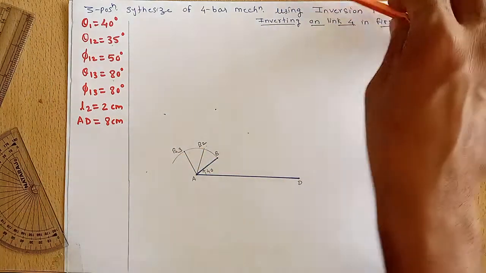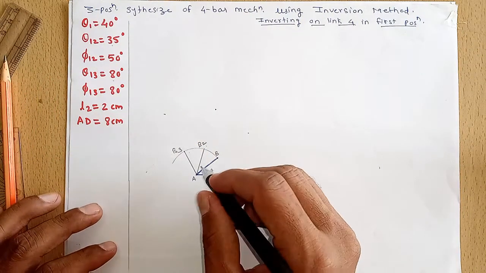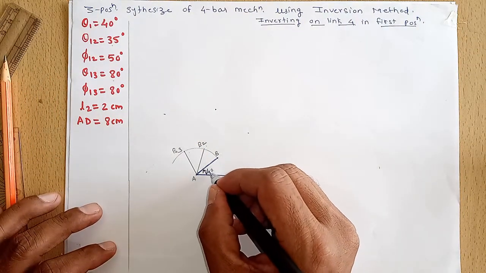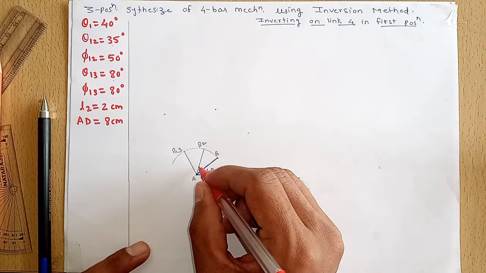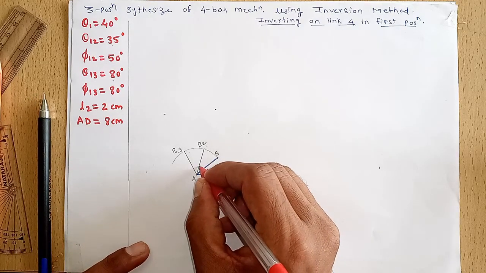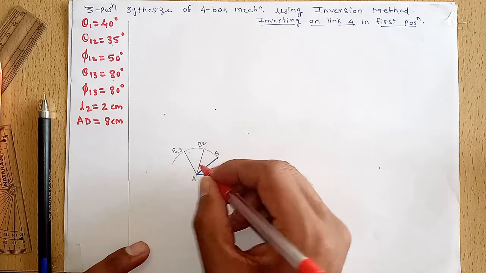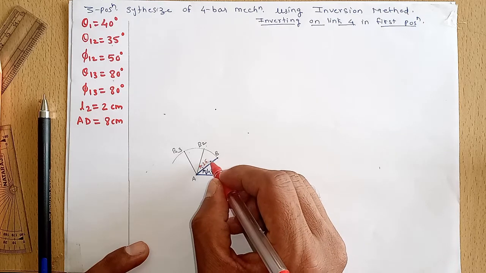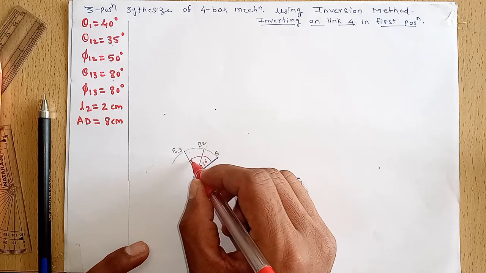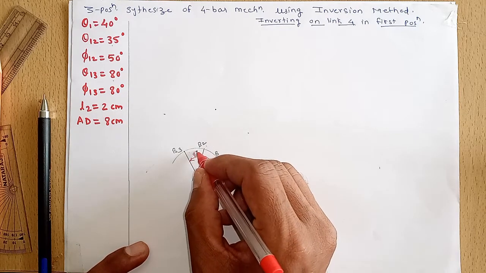This is the 40 degree first position. Angle between the first and second position is theta 12, 35 degrees, and angle between the first and third position is 80 degrees.